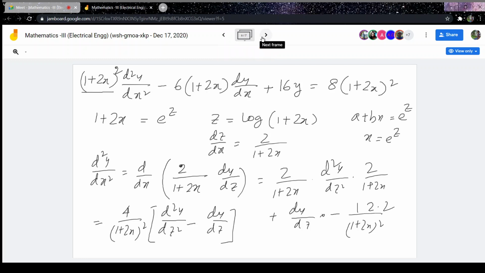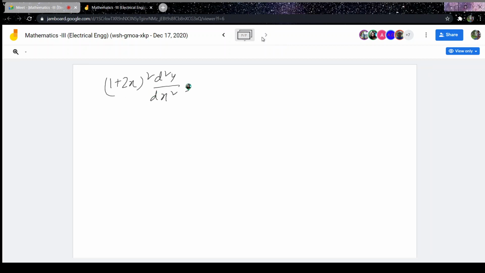So I can write this 1 plus... this is nothing but 1 plus 2x square d2y dx2 will be 4 into this, equal to 4.